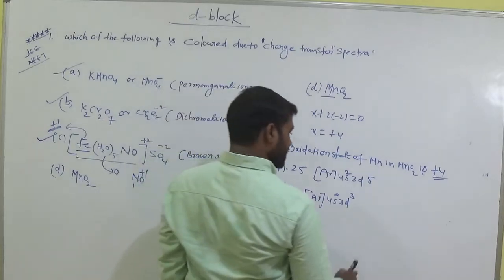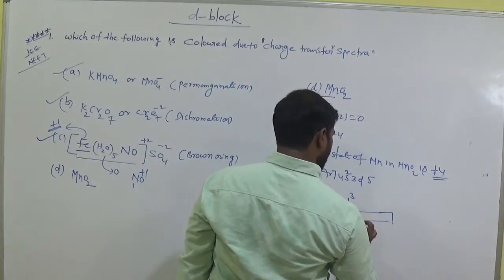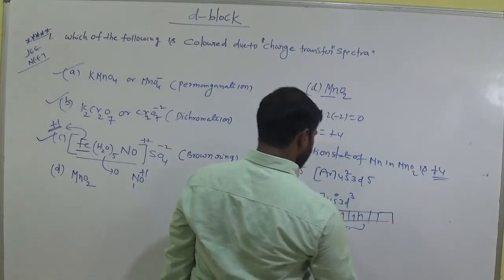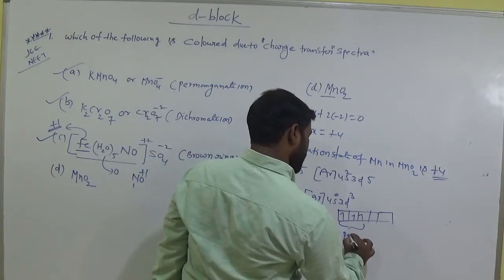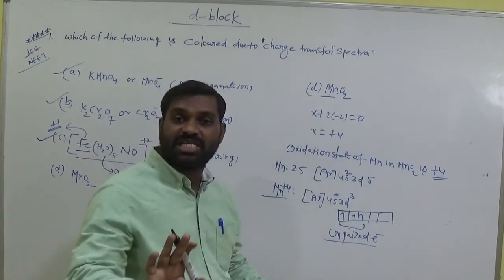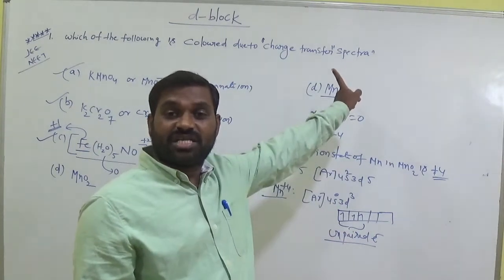Okay, 3d3. Then there are unpaired electrons in the d orbital of Mn plus 4. Am I right? 1, 2, 3. So it exhibits color due to unpaired electrons. There is no charge transfer. It exhibits color due to unpaired electrons, not charge transfer. Keep it.